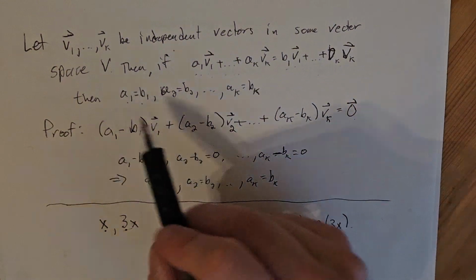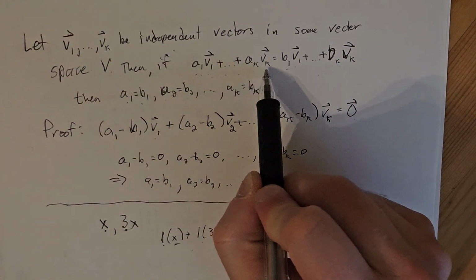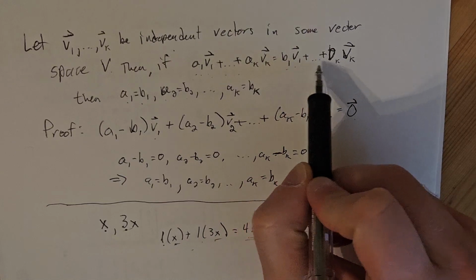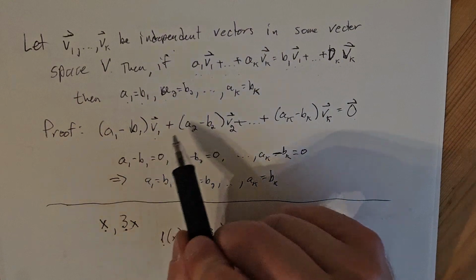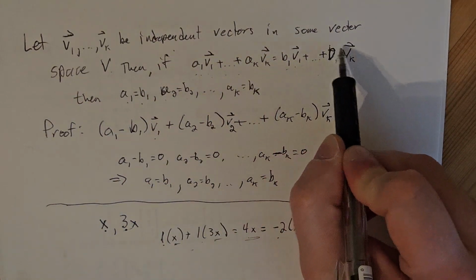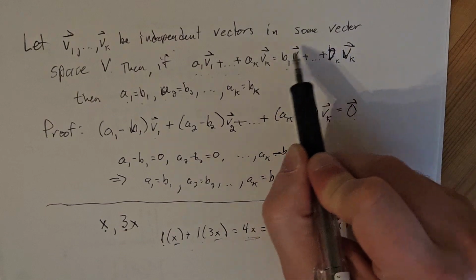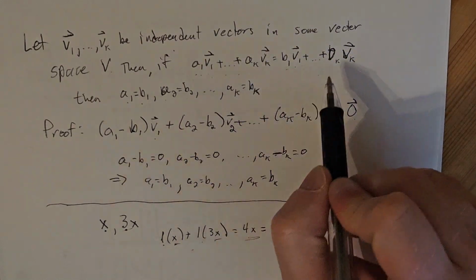Well, we can start with this statement up here. The a1v1 through akvk is equal to b1v1 plus through bkvk. Since we're in a vector space, we can add the additive inverse to this right side. So that'll move this b1v1 over to the left, right?